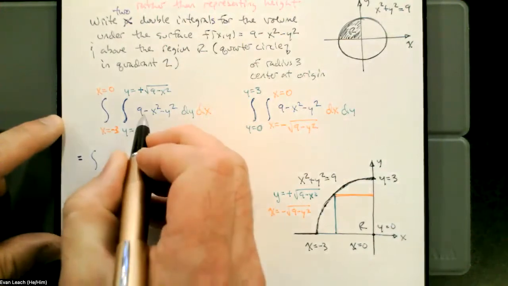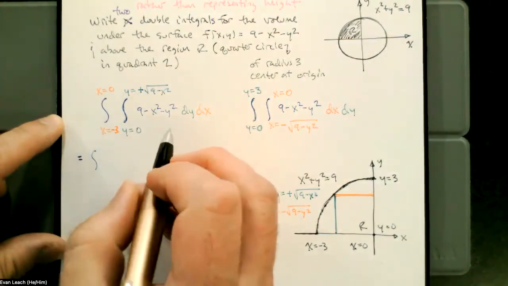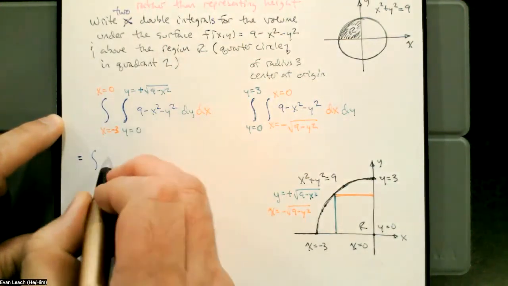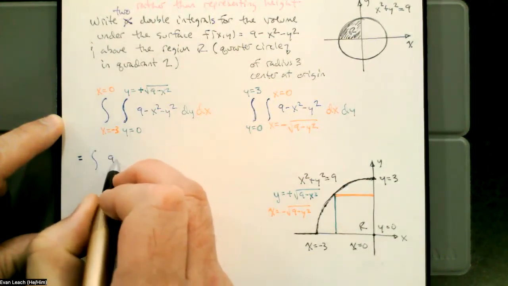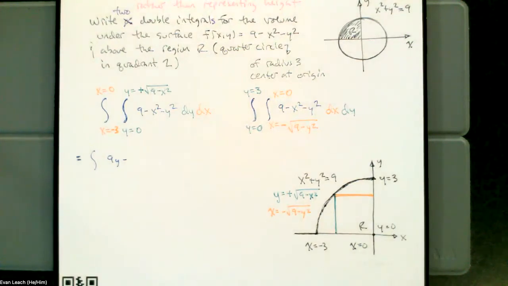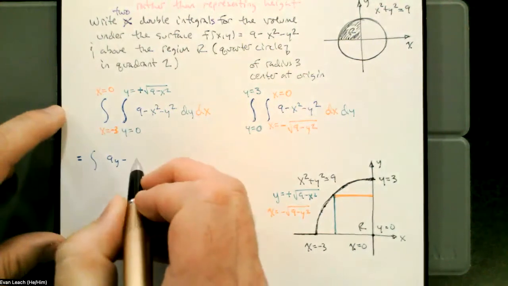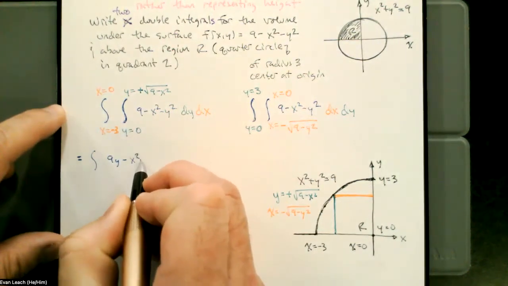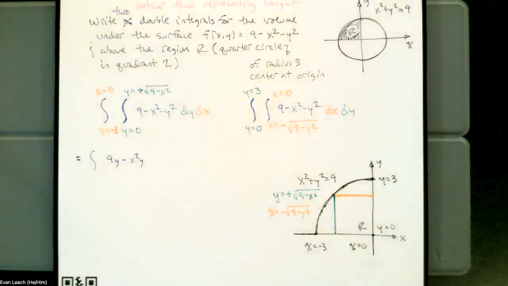So we're going to have 9y. The integral of 9 with respect to y is 9y. The integral of x squared, that's a constant term with respect to y, so it's going to be x squared y. Minus y squared. The integral of y squared with respect to y is minus 1/3 y cubed.